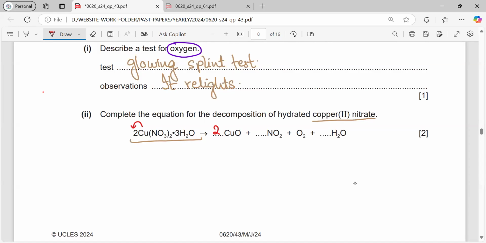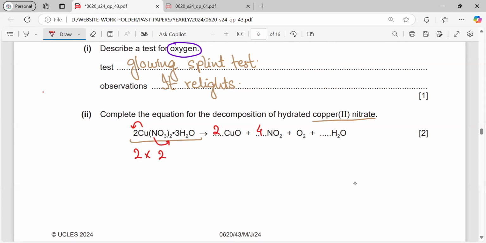As for the nitrogen, it's NO3 whole twice, so the nitrogen is already 2. And we have 2 molecules of these hydrated crystals. So 2 into 2 is 4, which makes NO2 also 4.